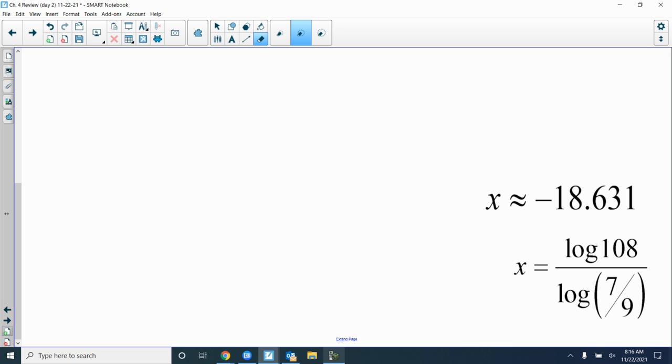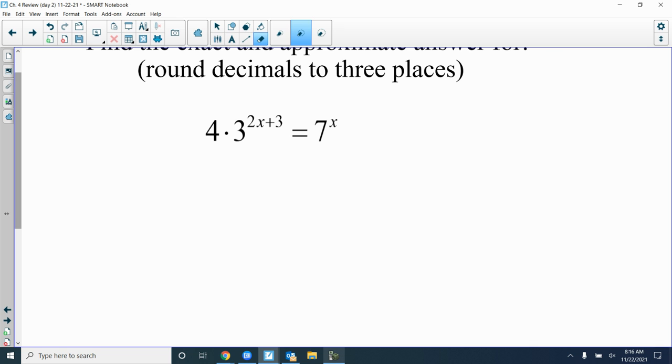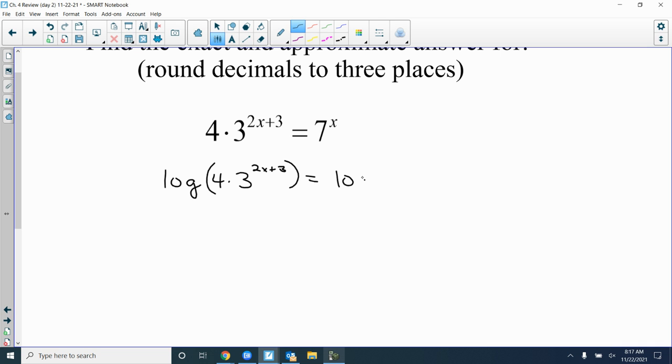All right, now let me go through it. If you got those, you should be confident. You're good. Here, this 4 doesn't really do much to divide. Actually, you could, it's just going to be messier, I think. So I take the log of both sides. Log of 4 times 3 to the 2x plus 3. I'm taking the log of the entire thing, so put it in parentheses.